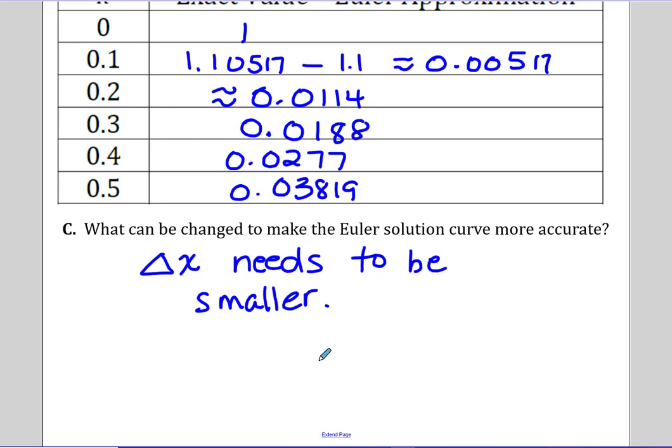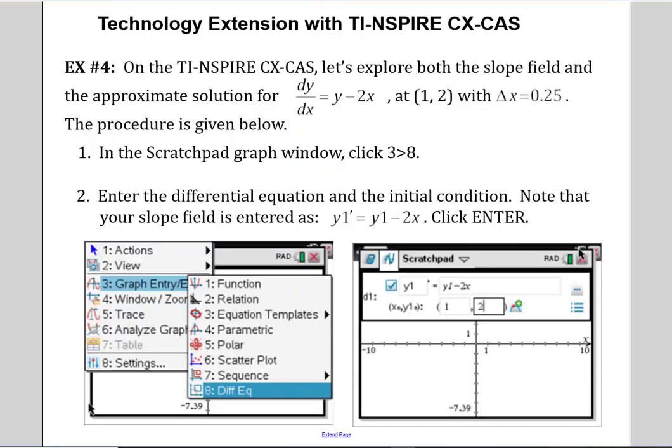And then on this last page, these are how to use the TI Inspire calculator. So this is just a little tutorial for you. On the TI Inspire, you want to explore both the slope field and the approximate solution for dy/dx is y minus 2x at the ordered pair (1, 2), with our delta x being 0.25.